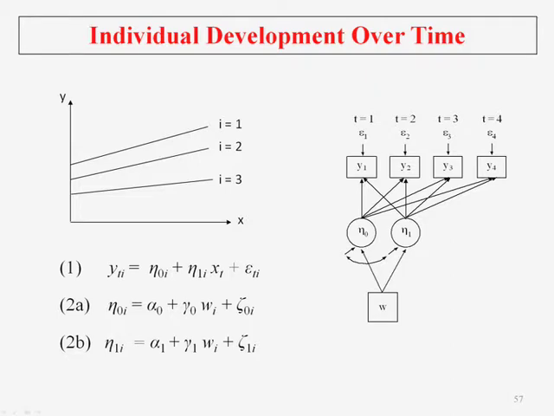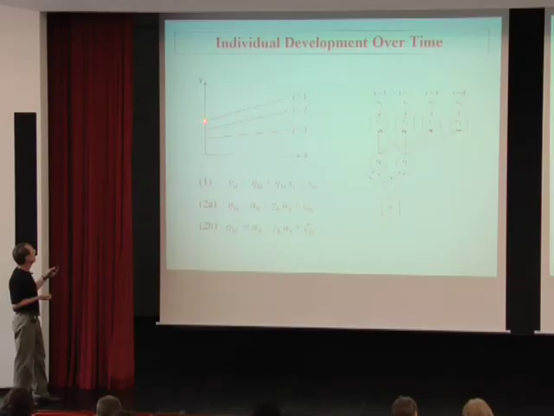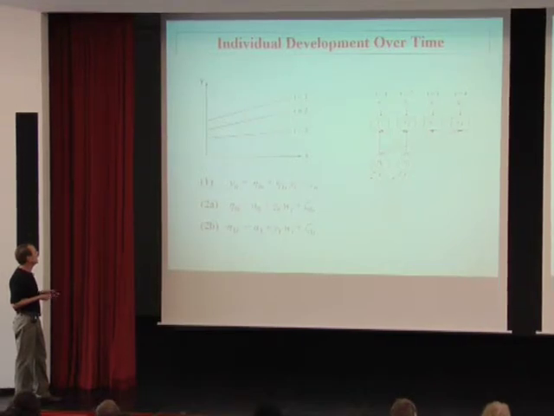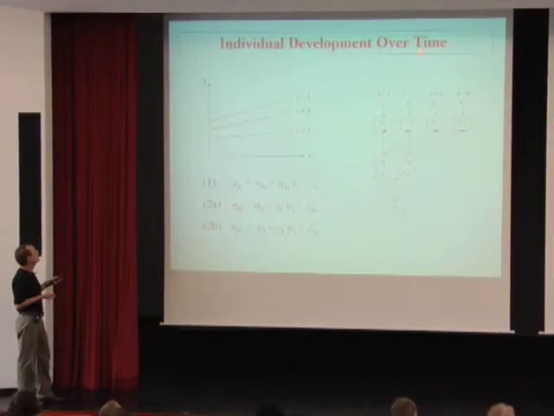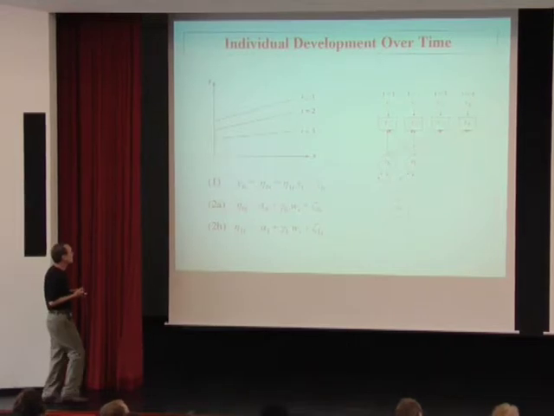And that's a very interesting idea of statisticians, to make them random, because that picks up on the fact that the intercept here is not the same for the individuals. It varies. It's high, medium, low. And the slope varies across the individuals, high and low. So it allows for individual development over time.